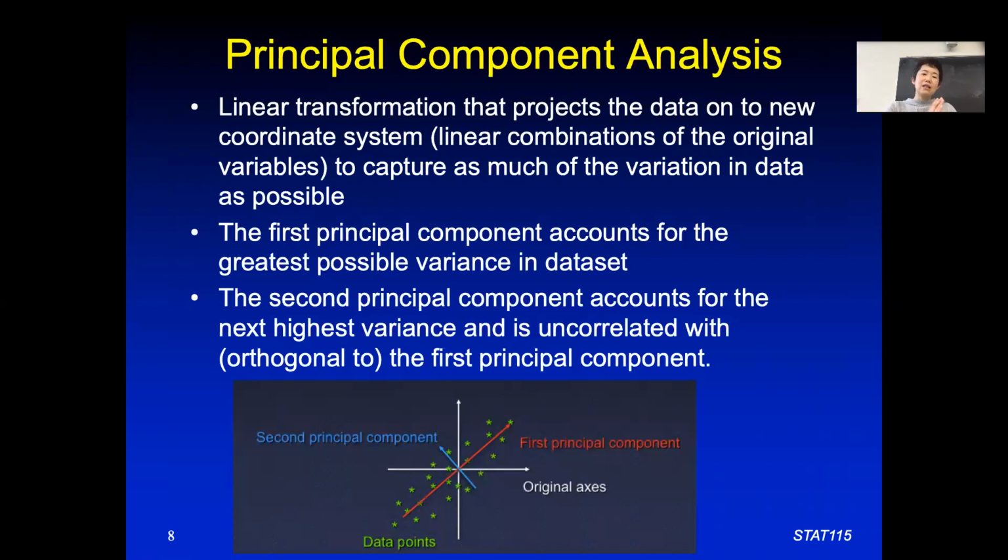And then in the second dimension, it's going to try to give another weight to all the genes so that it will capture the remaining variations in all of the samples. But it's an orthogonal weight from the first weight you give in the first dimension, so that they are not correlated with each other. So when you do PCA, all the components are decomposed simultaneously.